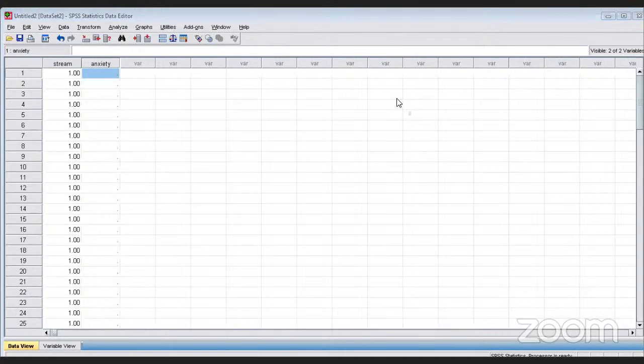So if my anxiety minimum score is 5 and maximum is 30, let me enter the data. So now I am entering the data.